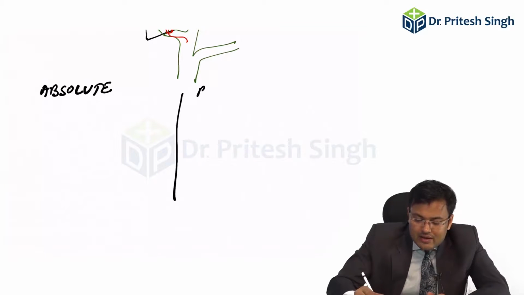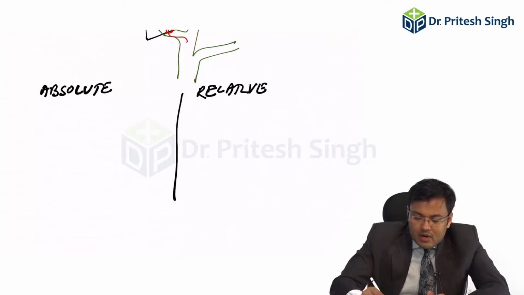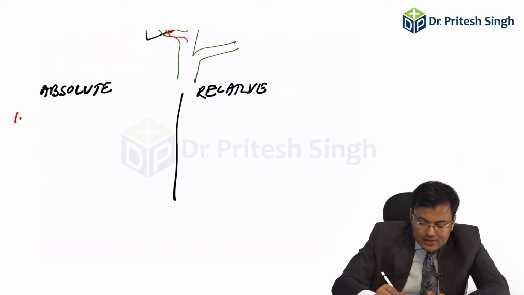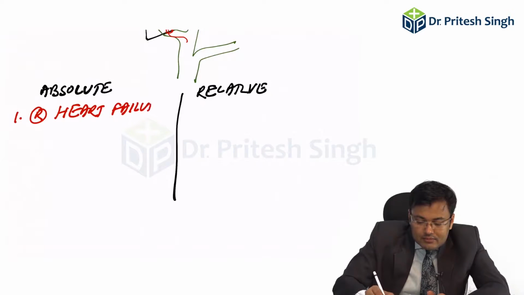absolute and relative. What are the absolute contraindications? First, right-sided heart failure. Second, pulmonary hypertension.